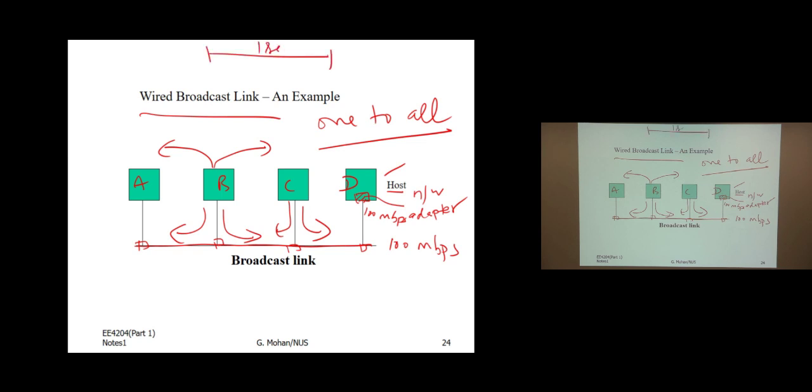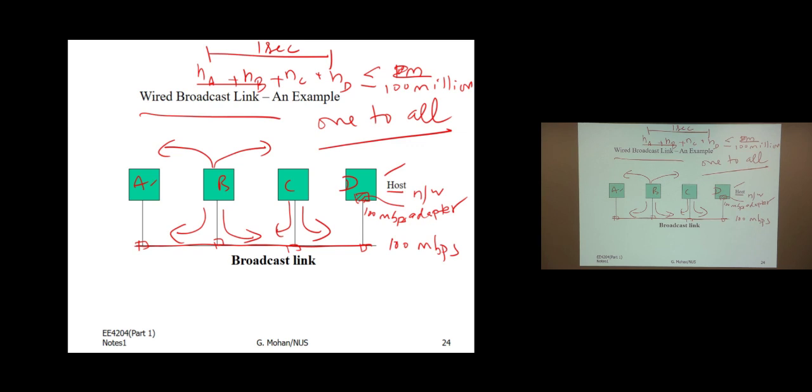Let's say this is 1 second. During this time, let NA be the number of bits transmitted by A, NB the number of bits transmitted by host B, NC the number of bits transmitted by C, ND the number of bits transmitted by D. You add everything, and this should be less than or equal to 100 million. Let's say A has transmitted 20 million bits, B has transmitted 35 million.